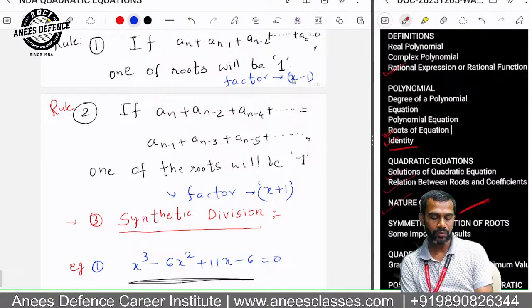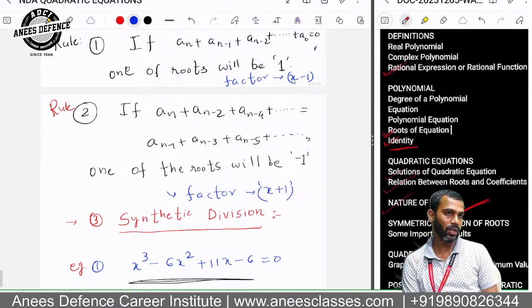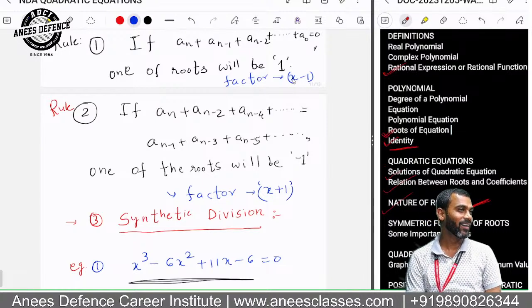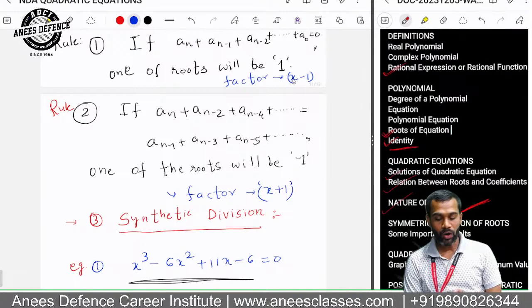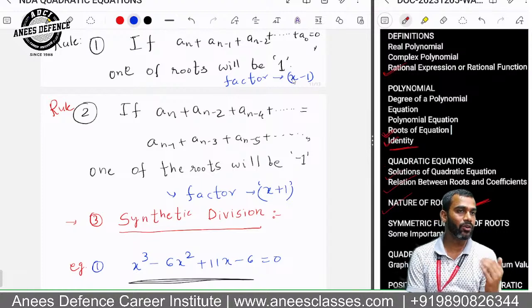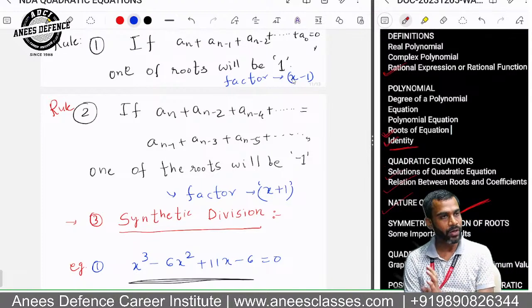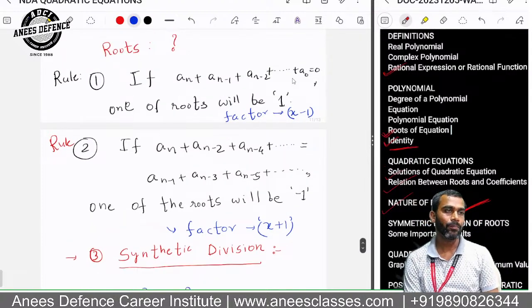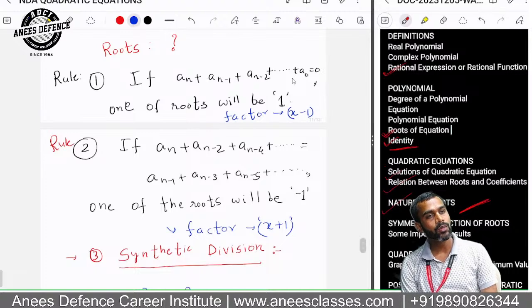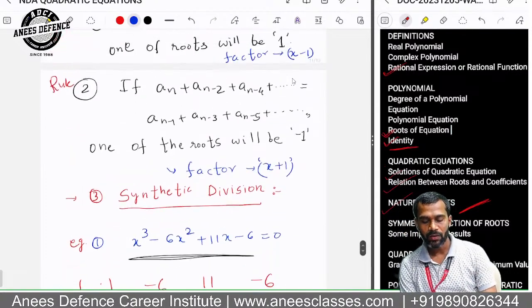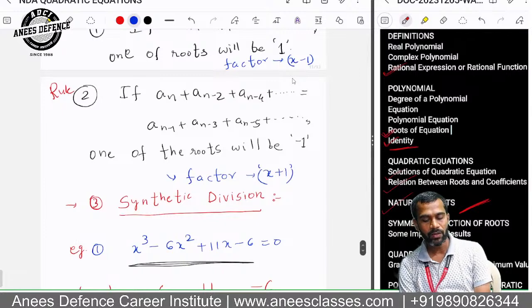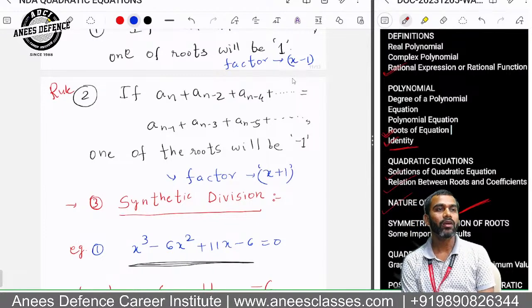Although we already know the roots are 1, 2, 3, let us assume we don't know. Whenever you are supposed to find the roots of a given equation, apply the first rule. What is the first rule? Is the sum of the coefficients 0? Let us check: 1 minus 6 plus 11 minus 6, is it 0? Yes or no?